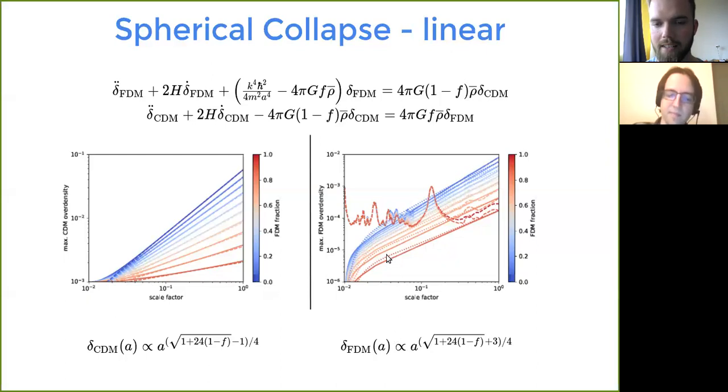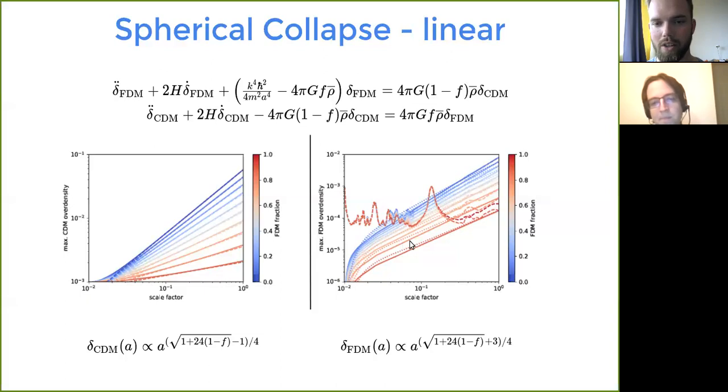And again, the linear theory is represented here by the dotted lines, and our numerical results are the solid lines. So I should mention that for both of these simulations, I should have said that before, we are on scales below the Jeans scale. So fuzzy dark matter should not collapse, and therefore it suppresses the growth of the cold dark matter overdensity actually.